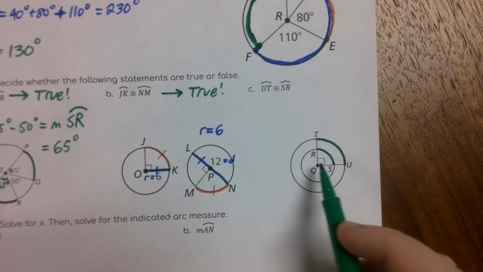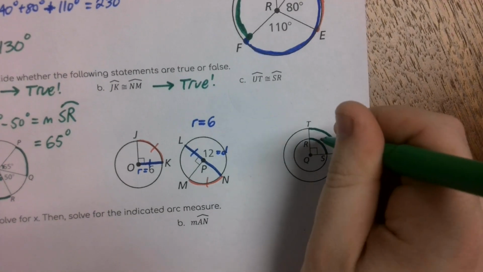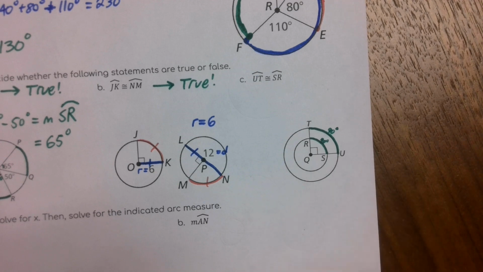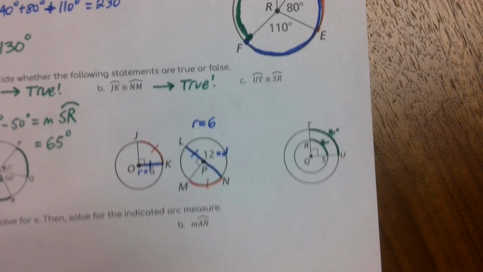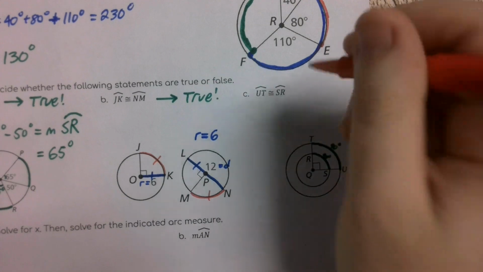The good news is, we know the central angle is absolutely going to match. Both of these arcs have an arc measure of 90 degrees. The question is, are they congruent? And we can tell very clearly from their sizes that, no, this inside one is going to be much smaller than the outside one.